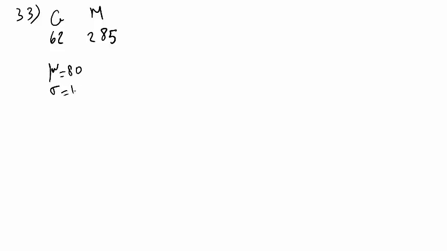33. Okay, in 33, a student scores 62 on geography, and 285 on math. The geography test has a mean of 80 and standard deviation of 15.